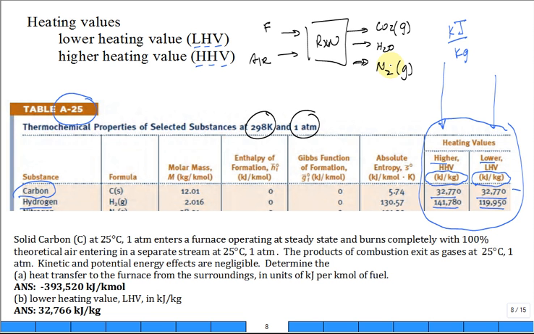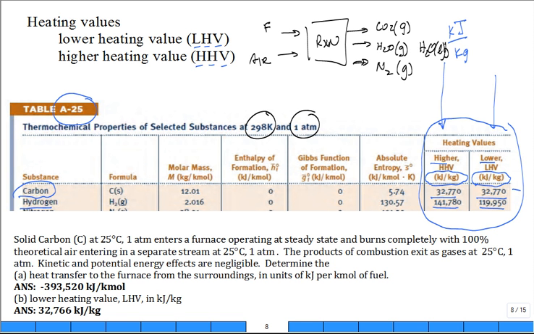But what about water? Could I have liquid water at 25 degrees C? You can have liquid water at 25 degrees C. How does the water go out? Does it go out in the gas form, or does it go out in the liquid form? If it goes out in the liquid form, then it's going out at a lower enthalpy.